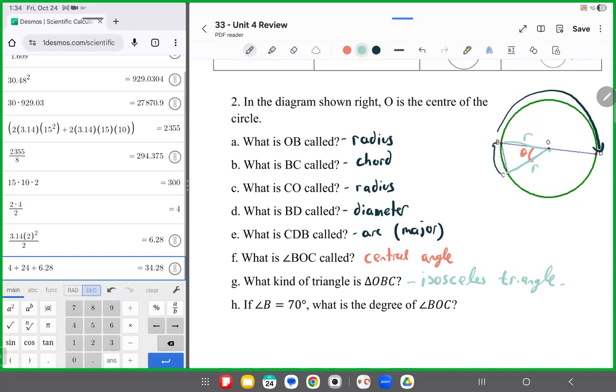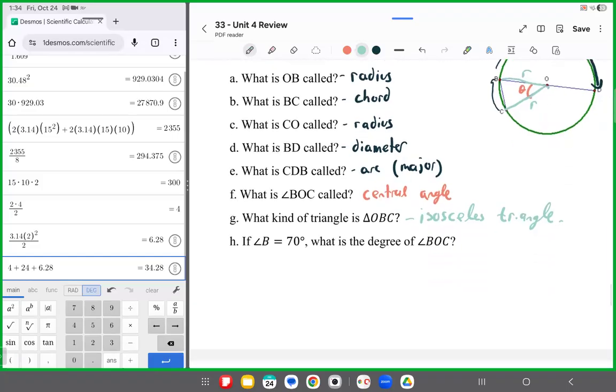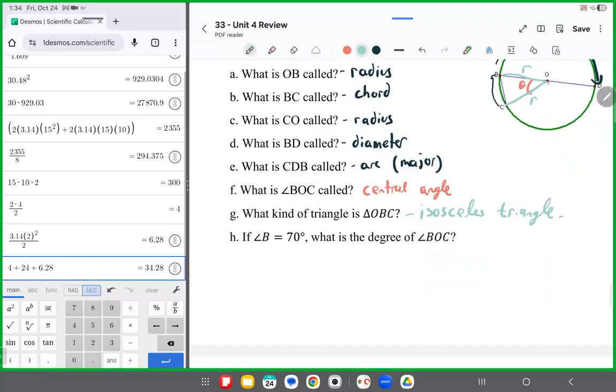Now, if we didn't know exactly, there's a chance that OBC could be equilateral, but I think that we can trust that the picture is trying to go out of its way to conclude for us that it's most likely an isosceles triangle. And if we know that angle B is equal to 70, what is angle BOC?